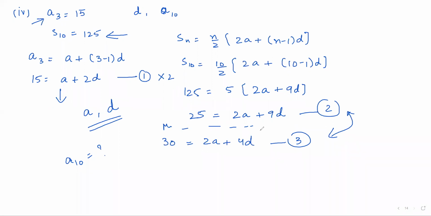Now, fifth part also, I think you can do. d is already given. S9 is 75. Let me give you hints and then I'll leave the calculation part. So d is already given, and S9 is given, that is 75. So a and a9 you have to find. Start with the formula.